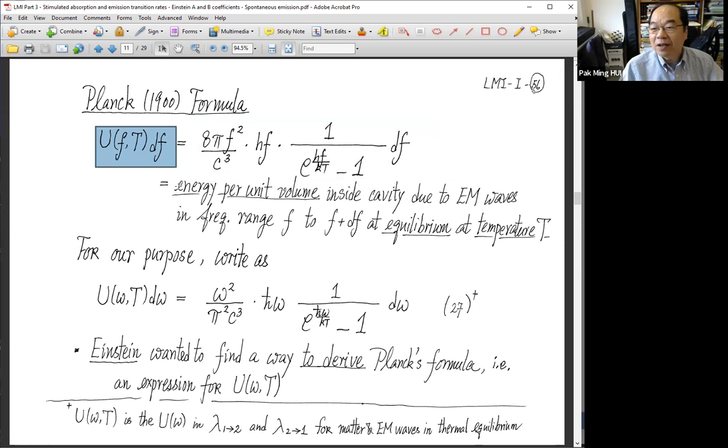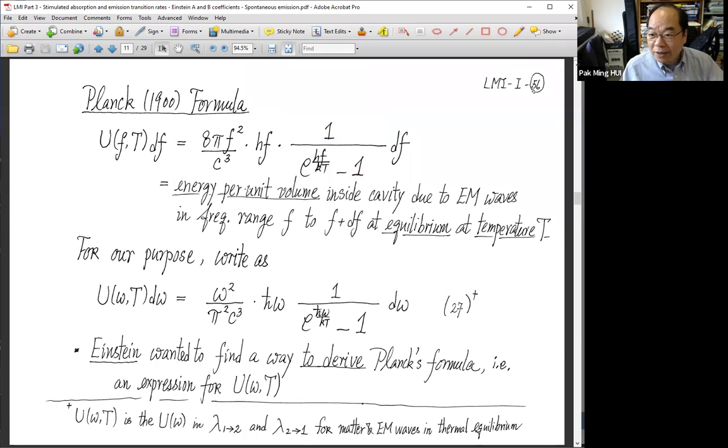I intentionally break up the whole formula into 3 factors. So there is a factor like this, and then there's hf. I hope that you know this is the energy of a photon. And then for those who are doing a statistical physics course, this is related to the Bose-Einstein distribution.